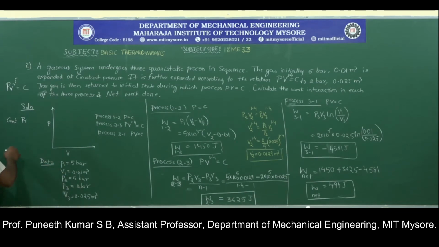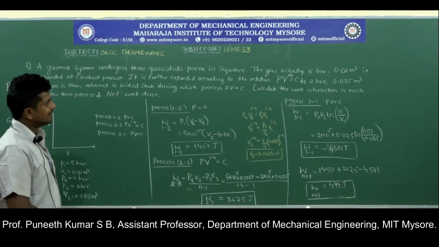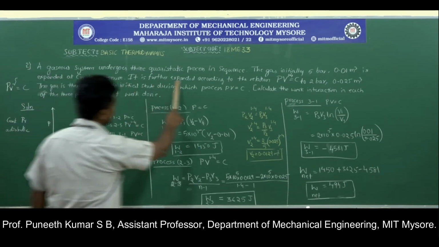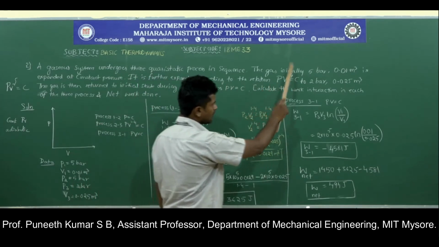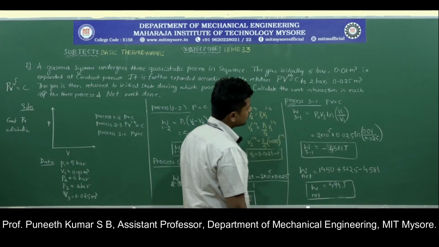So I can say it is an adiabatic process. The next process is the adiabatic process, and it is further expanded according to the relation PV to the power of 1.4 is equal to C to 2 bar.